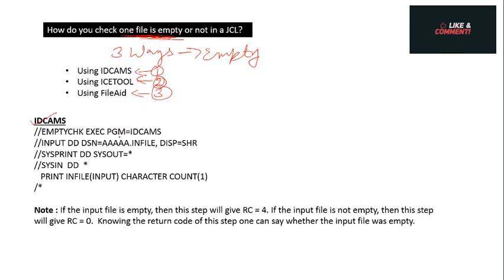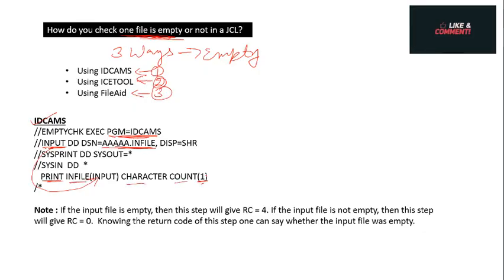Here we are using the IDCAMS utility, and this is our file name and this is our DD statement name, INPUT. What we are doing here is checking whether there is one record or not. We are using the PRINT statement, like PRINT INFILE CHAR COUNT(1).